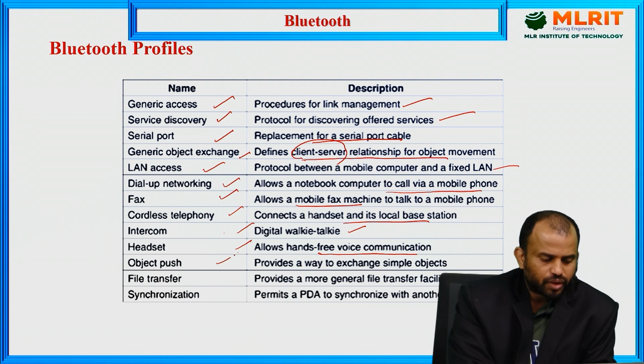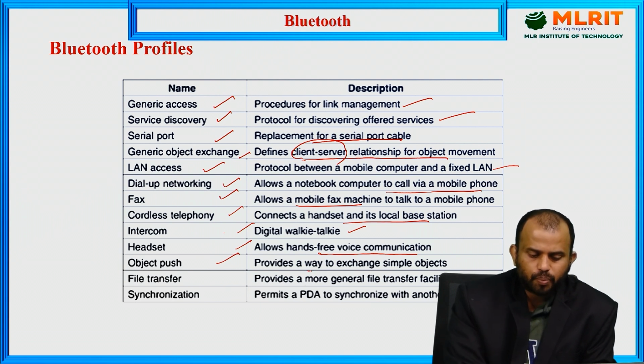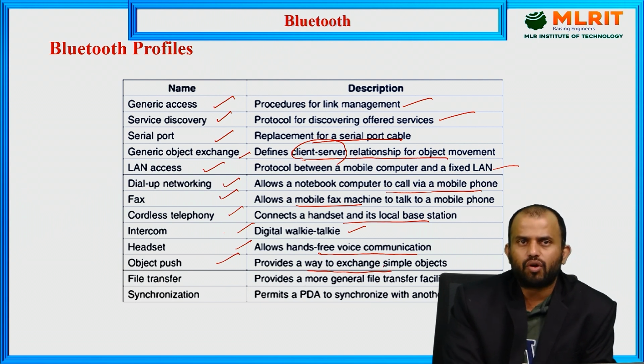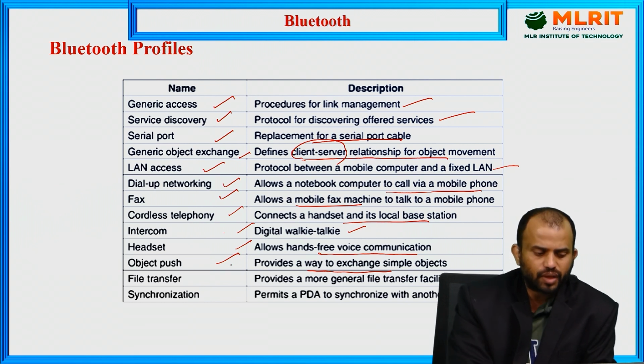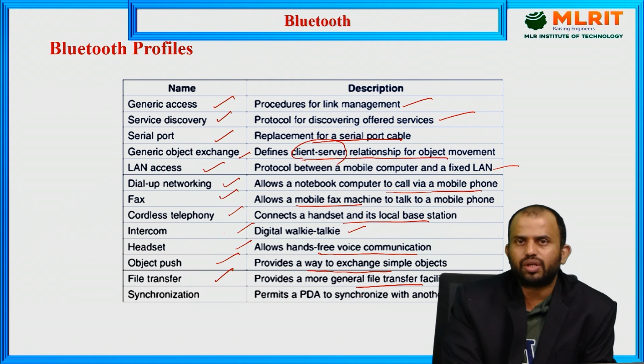And next one, object push, which provides a way to exchange simple objects. Once the information is successfully transmitted, we push the signal transmission from one station to another, using simple object values only. The other one is file transfer, which provides a generic file transfer facility.